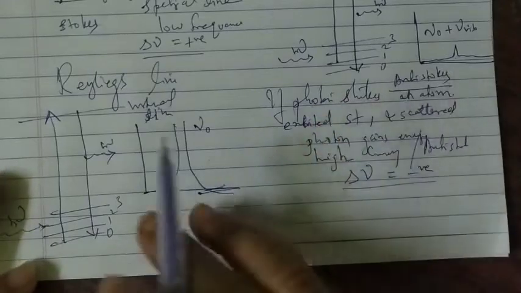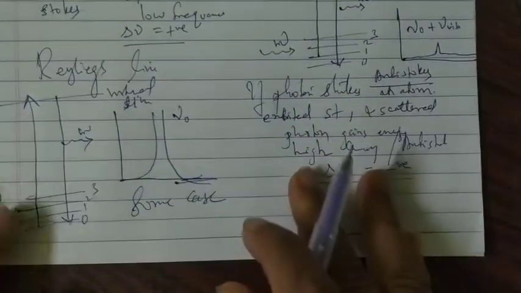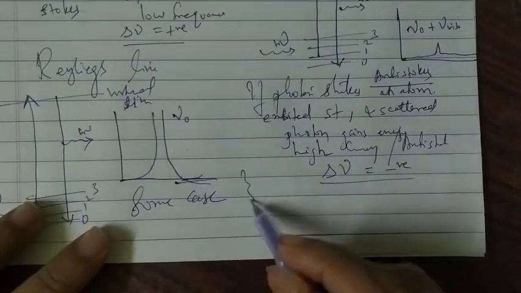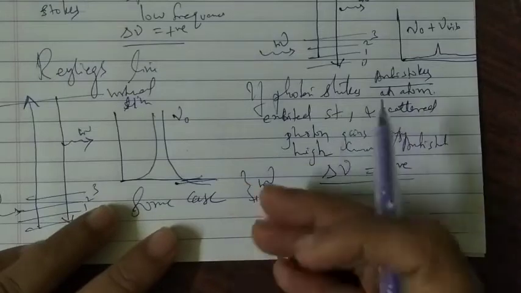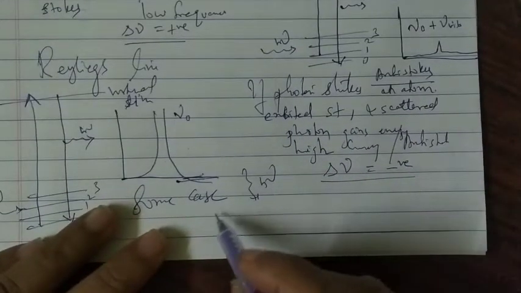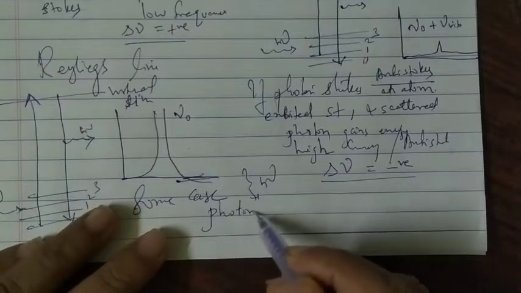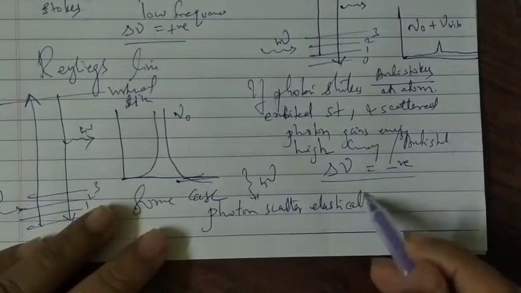In some cases, when a photon strikes the atoms or molecules, the photon may scatter elastically. This is important, elastically.